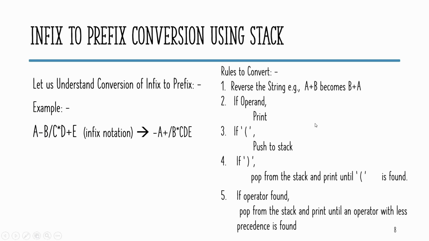So as we can see, all the rules are similar, just we have to reverse the string and then get the algorithm going. And finally, after getting the answer, we again have to reverse the string and get the prefix answer.